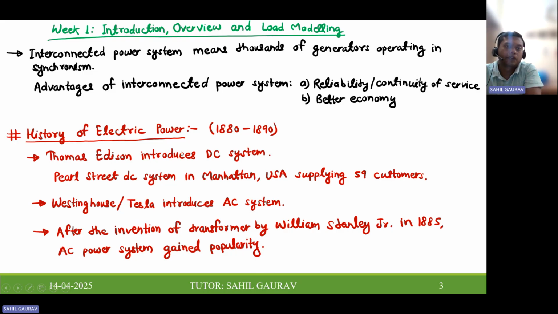If you see the history of electric power, Edison introduced the DC system, and Westinghouse and Tesla introduced the AC system. The war between these two, DC and AC systems, is quite famous. Certainly the AC power system gained popularity due to the invention of the transformer.